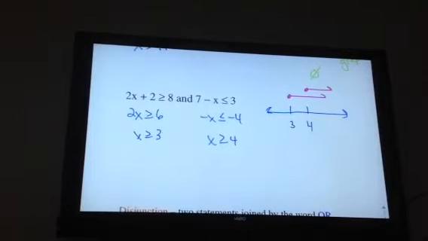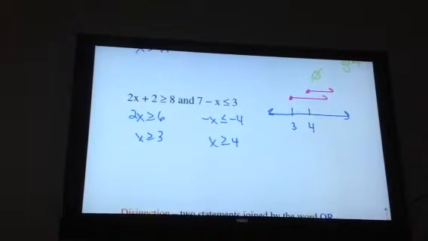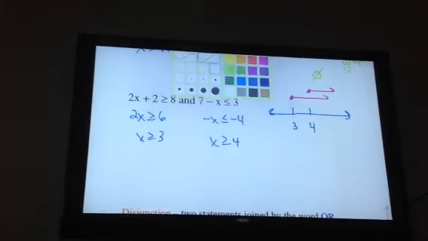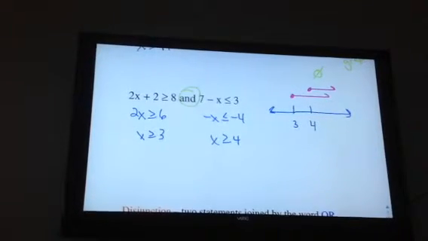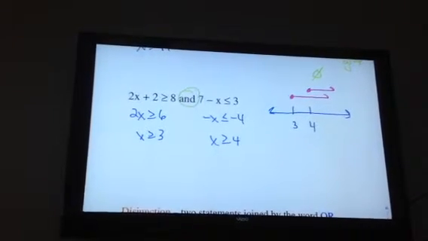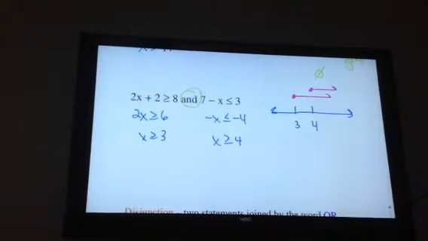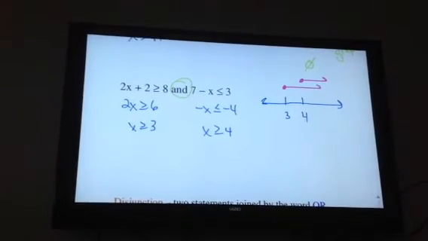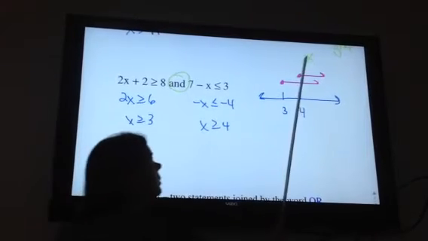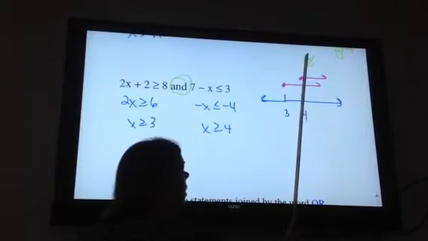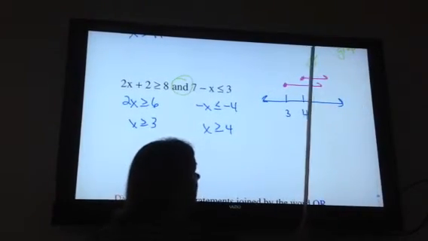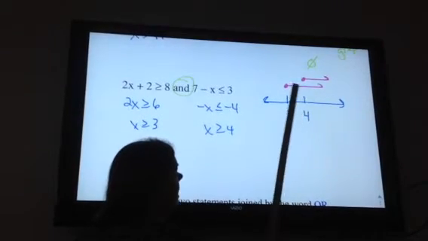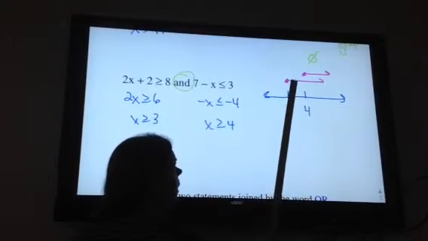This is an and. And an and is where the graphs are overlapping, what numbers they share, what numbers they have in common, and that's going to start at +4. So +4 to the right is what they both share. These numbers right here only belong to the one inequality.